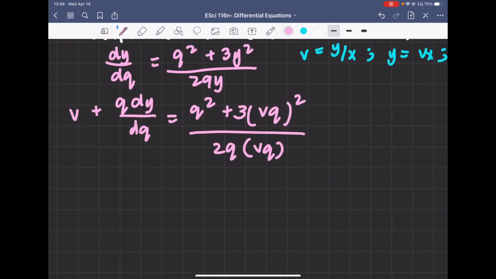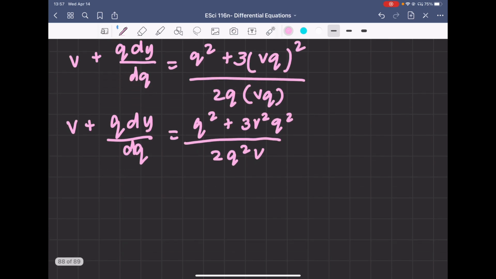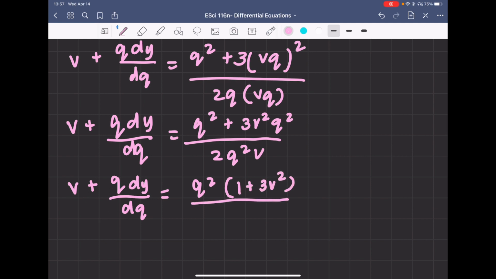Okay, so next, that's v plus q dv over dq equals q squared plus 3v squared q squared all over 2q squared v. So we can factor out our q squared. That's v plus q dv over dq equals q squared times 1 plus 3v squared all over q squared 2v. Cancel out our q squared.